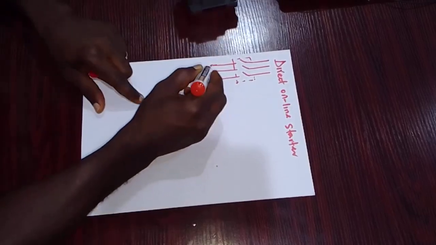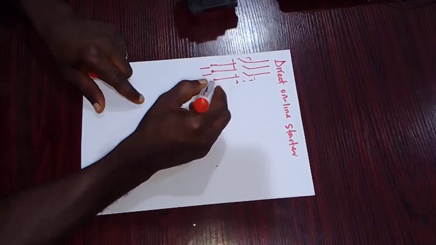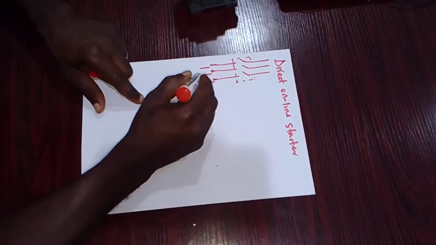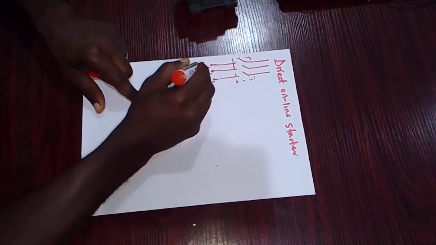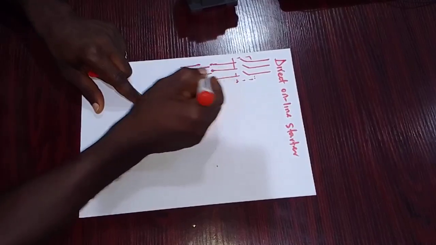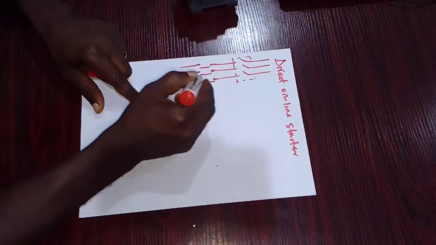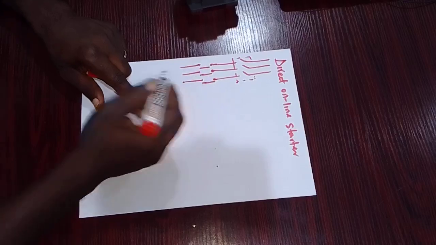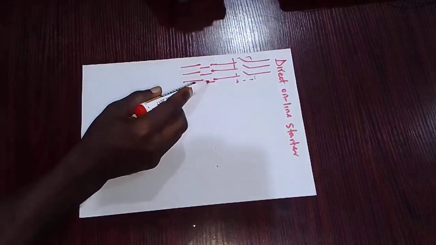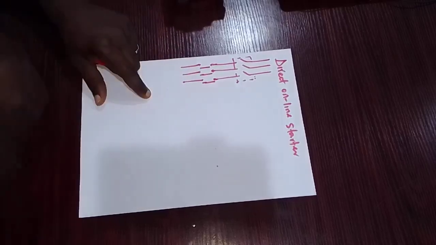Then, like we all know, the contacts of the contactors are normally open. And from the input, the current flows to the output, such that when the contactor is energized, the normally open contact closes.